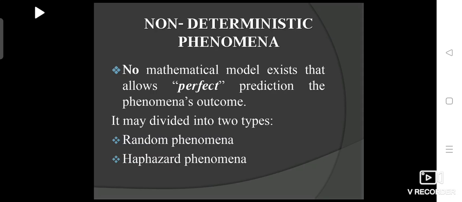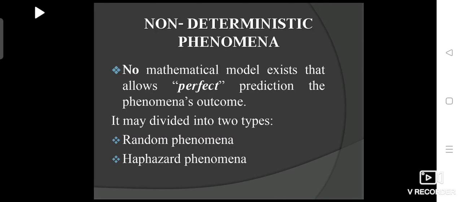If the ball you collect from the bucket is exactly red, and you already know all the balls in the bucket are red, this is called deterministic and not random.